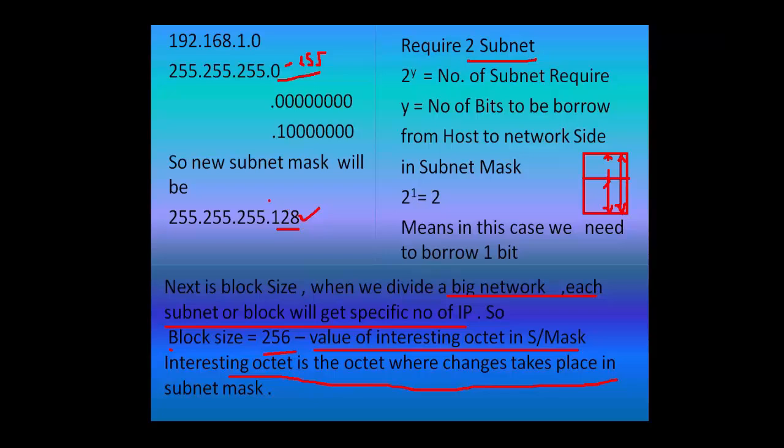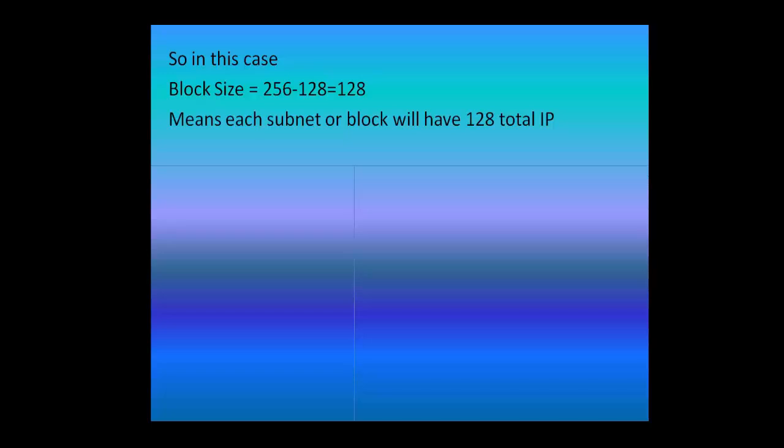In this subnet mask, the change comes in the 4th octet, so it will be my interesting octet. So block size is 256 minus the value of the interesting octet, that is 128. So block size will be 128, meaning each subnet or block will have 128 total IPs.